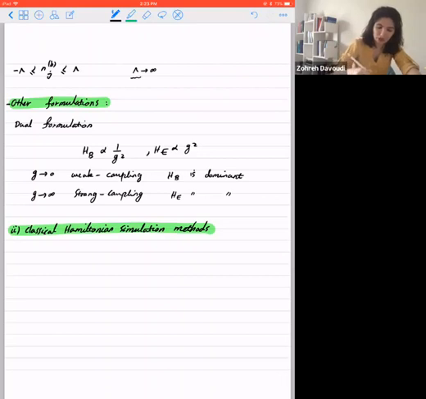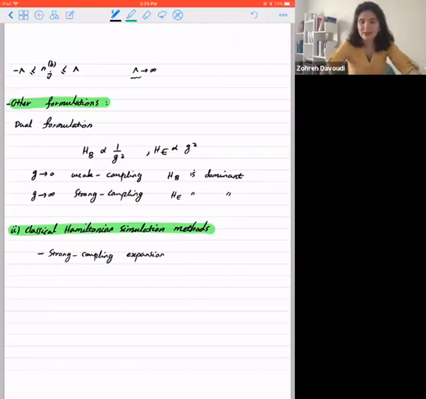Okay. All right. So what are the different methods? Well, there is kind of an old method which is called a strong coupling expansion. This is very similar to what you have seen already in lattice gauge theory courses. It's kind of based on the fact that once you're in this either weak or strong coupling regime, you can start doing perturbative calculations.